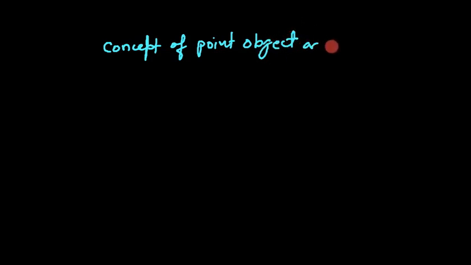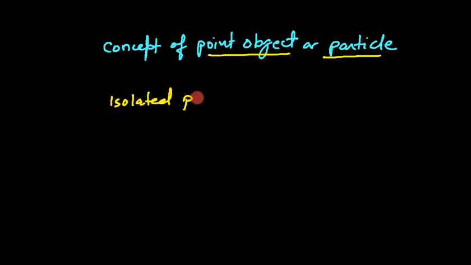Now we come back to a very important concept, the concept of point object or particle. We normally define a particle as an isolated point mass. Point object or particle is an isolated point mass.